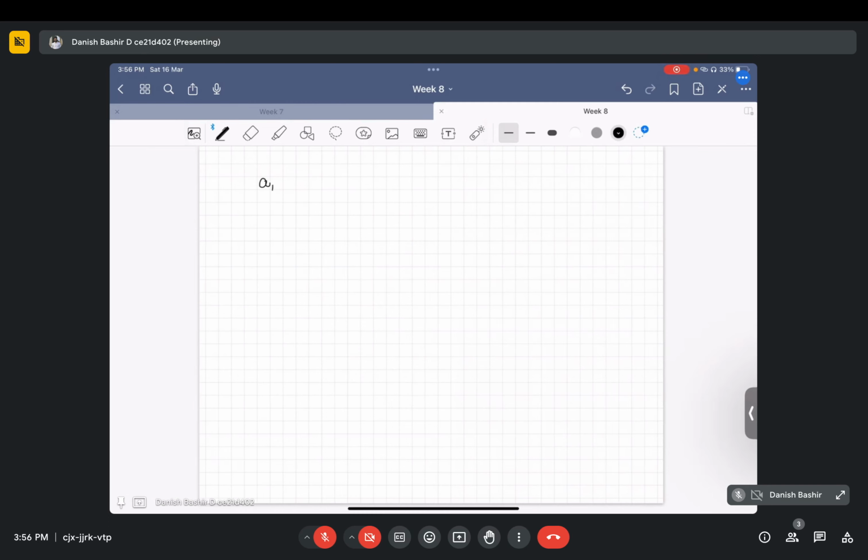The first row is A1, 0, 0, minus A1, 0, 0.